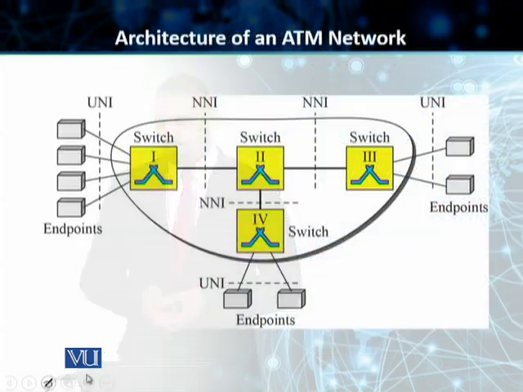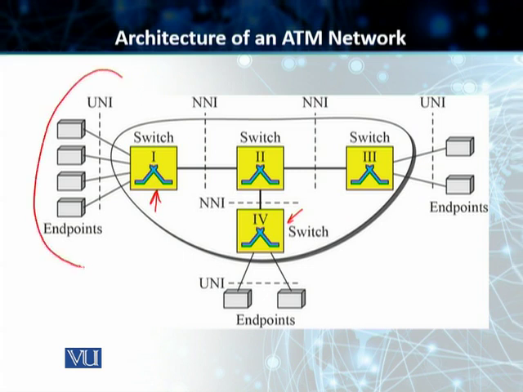Students, as you can see, we have got multiple endpoints in this particular case. And as I explained to you, we have got switches in the middle. The interface of the endpoints with the switch is called a user to network interface, or a UNI. And then you've got multiple switches which are also connected to each other.